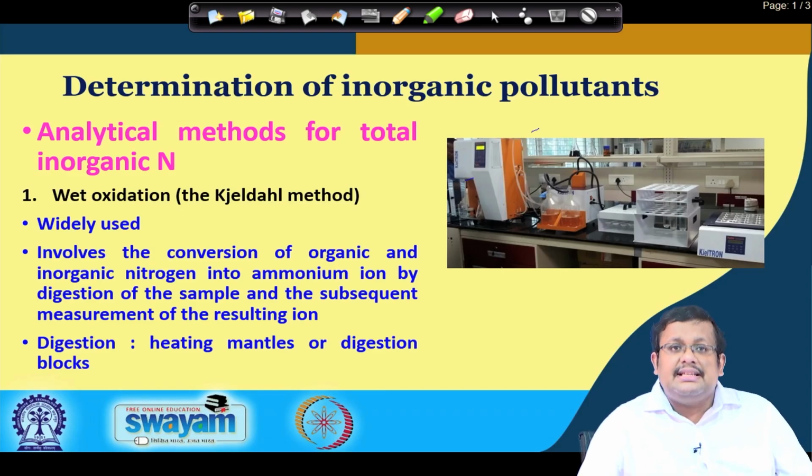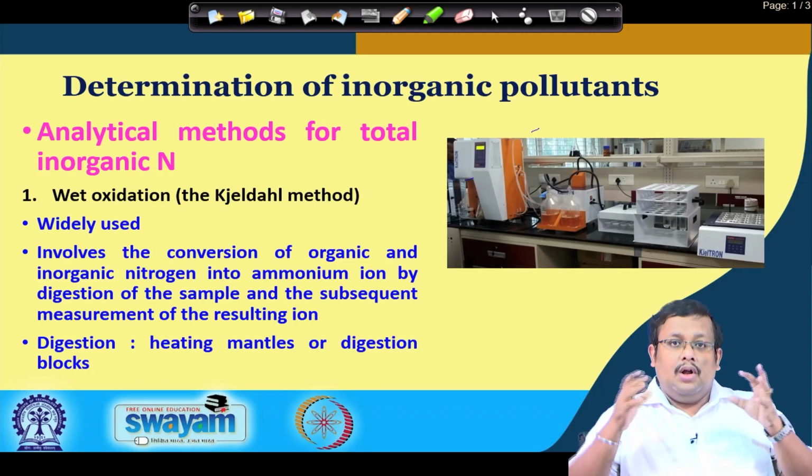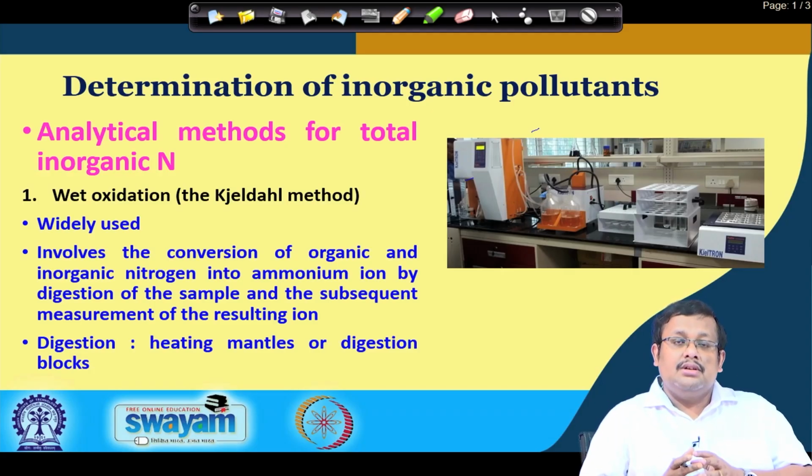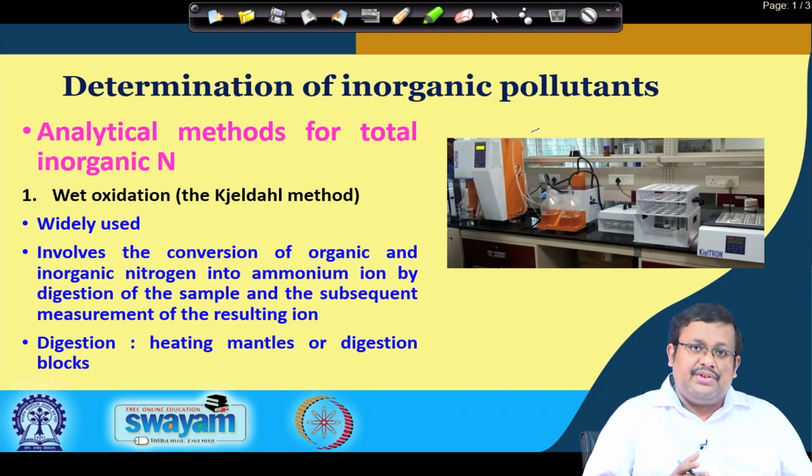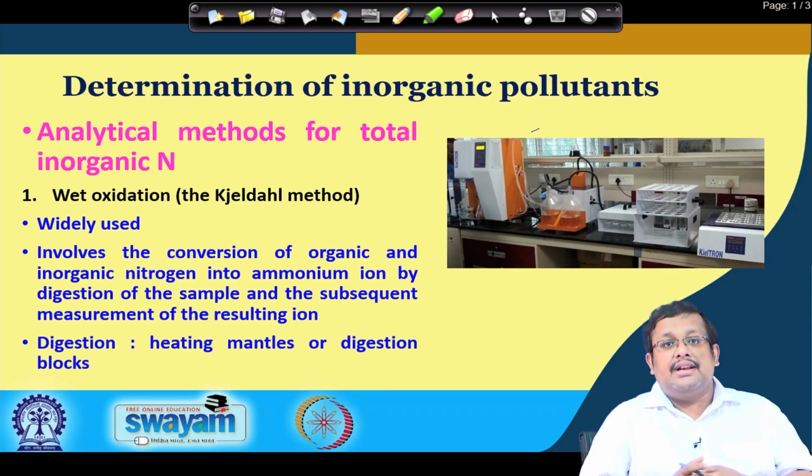So, this Kjeldahl analysis involves the conversion of organic and inorganic nitrogen into ammonium ion. They basically convert all the organic forms of nitrogen present in the proteinaceous material and also inorganic nitrogen into ammonium ion by digestion of the samples and then subsequent measurement of the resulting ions.